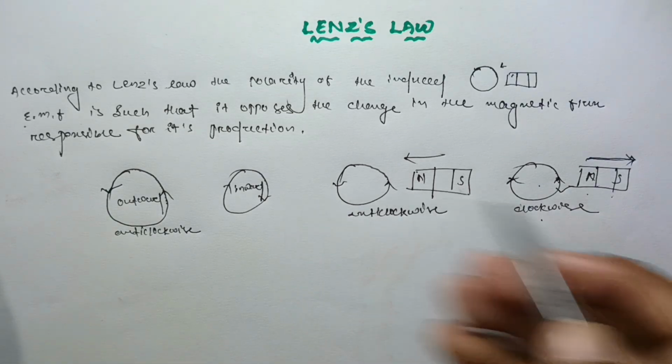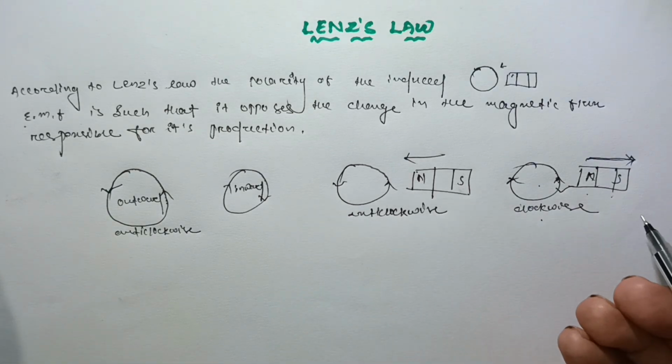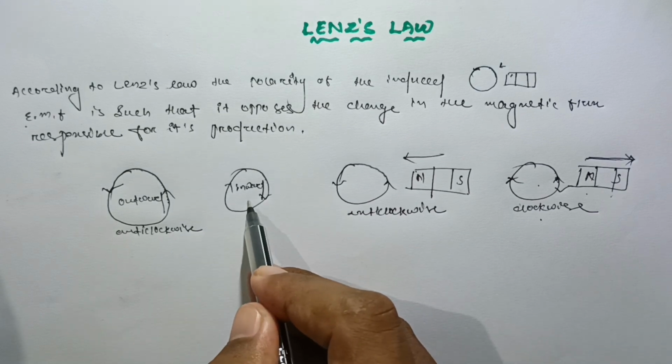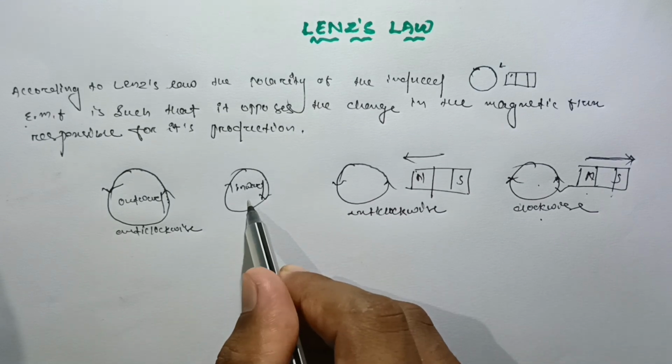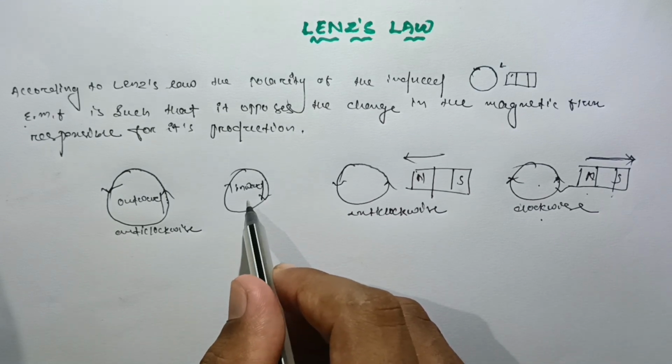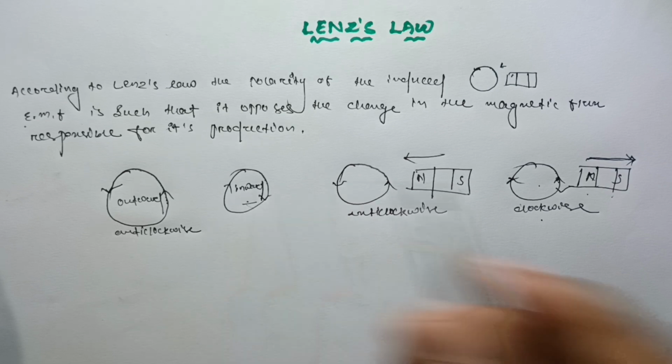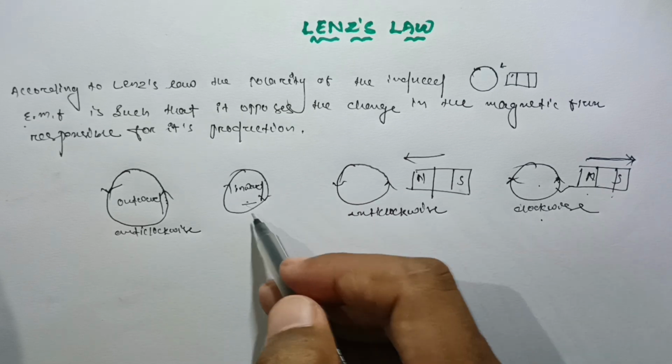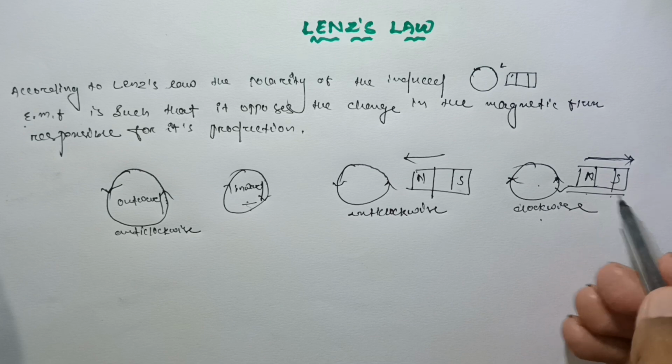If it flows in clockwise direction, then the magnetic field will be inward, right? That means it attracts inwardly if we move it outward, so it opposes, right?